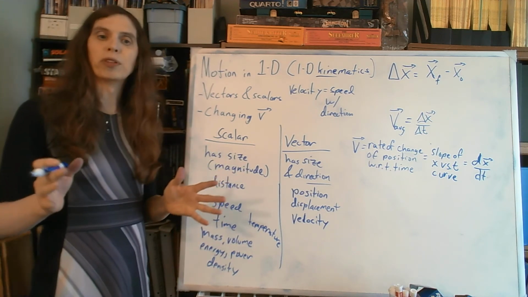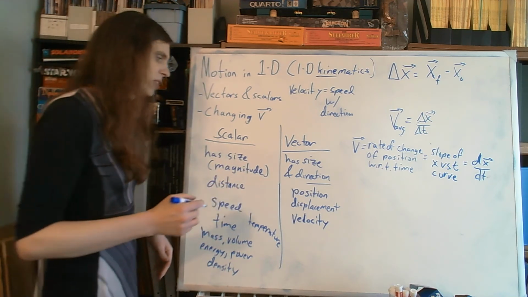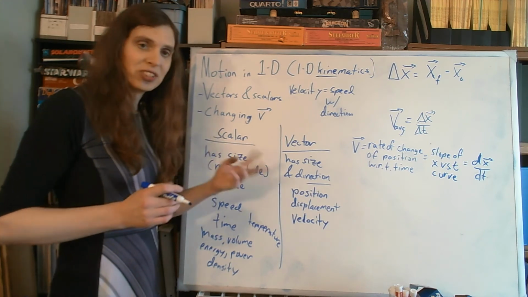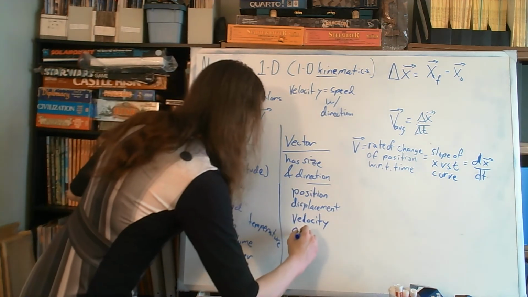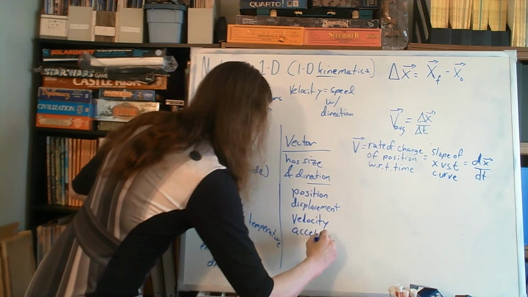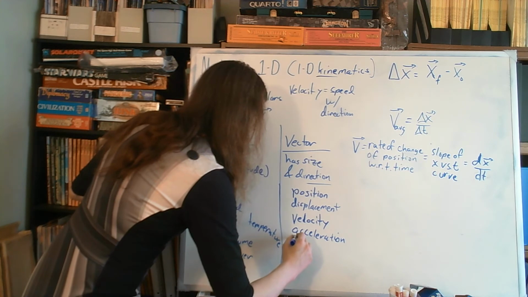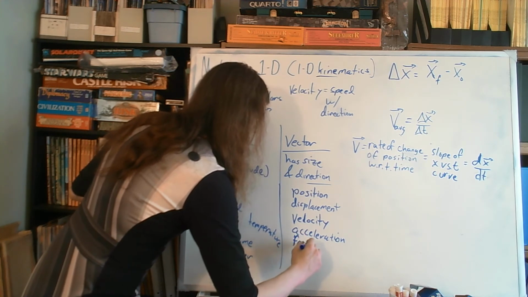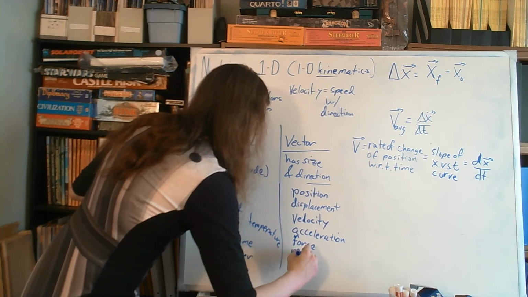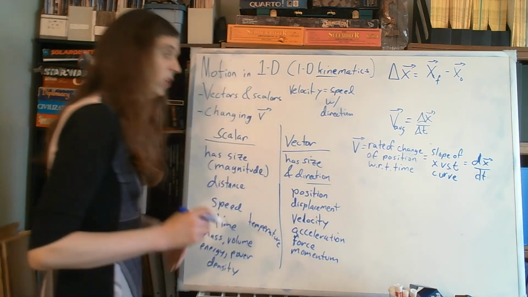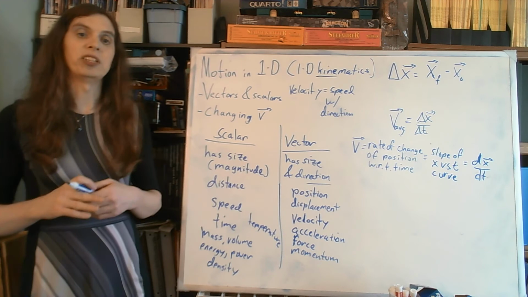There are others you can probably think of. That temperature is kind of sloppily written there. One we're going to hit that's a vector in just a moment is acceleration. We'll also see that force and momentum are examples of vector quantities.